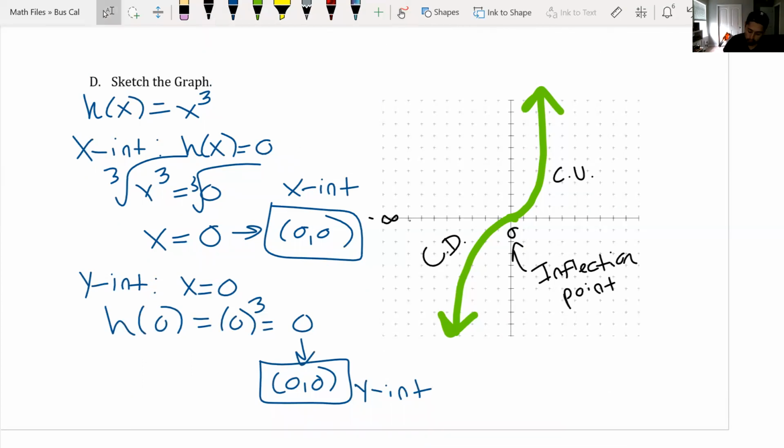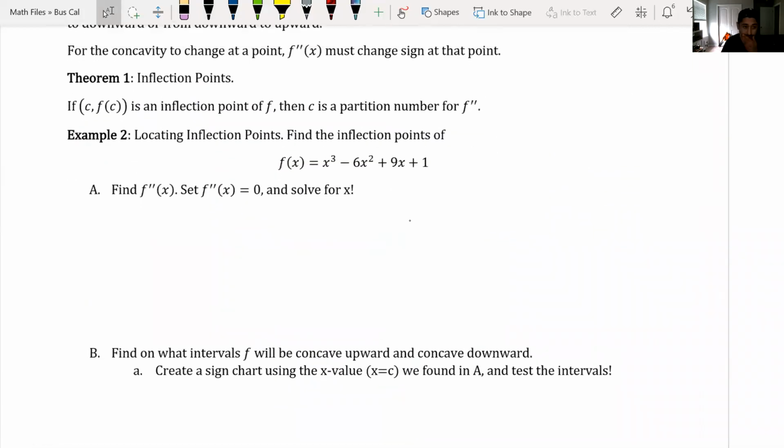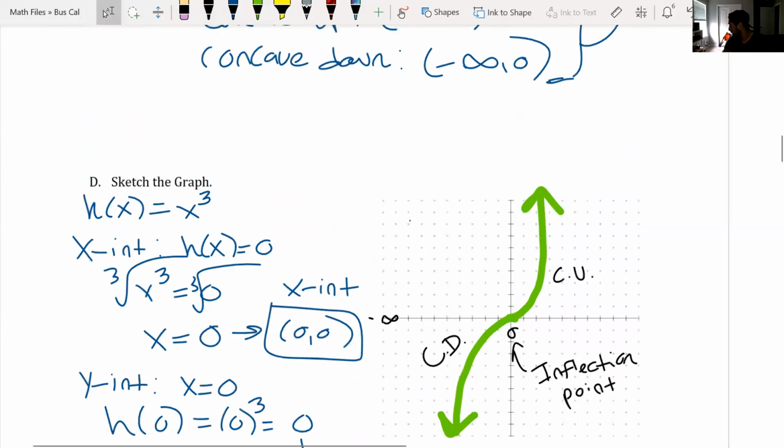Okay. Theorem 1: if f of c is an inflection point of f, then c is a partition number for the second derivative. Well, let's go back and look at the previous problem. Okay.